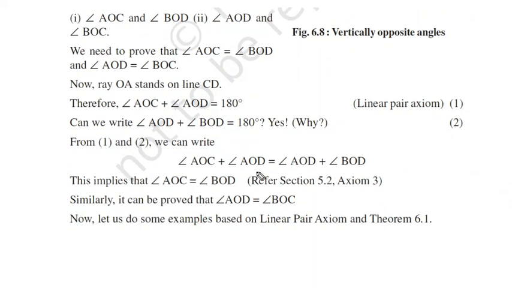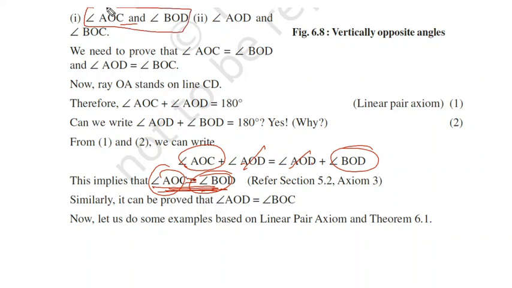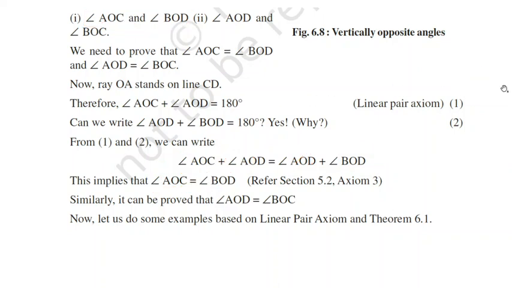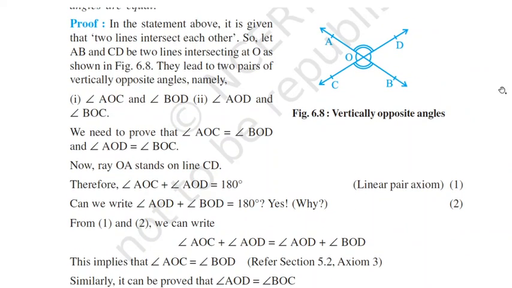So what we have done? We have cancelled this AOD and AOD. Now what remains? Angle AOC is equal to angle BOD. So we have proved the first half of this section. Now let's move to the figure again so that it will be a little clearer.